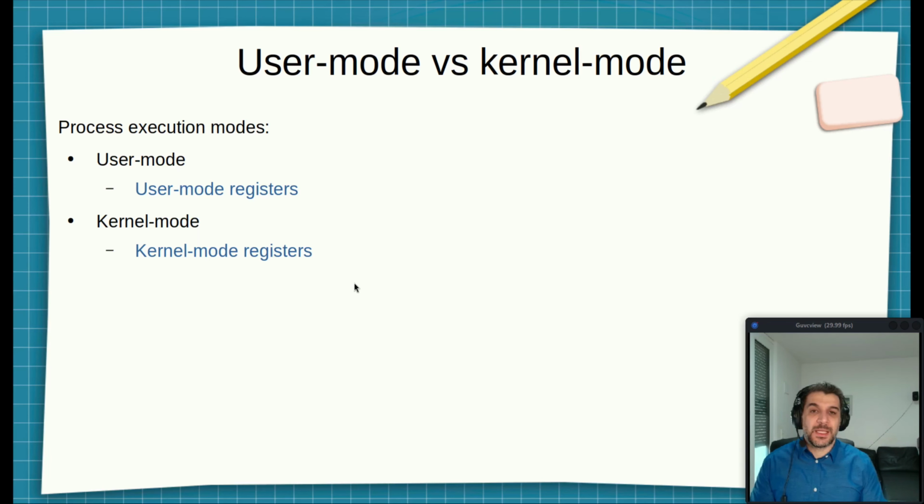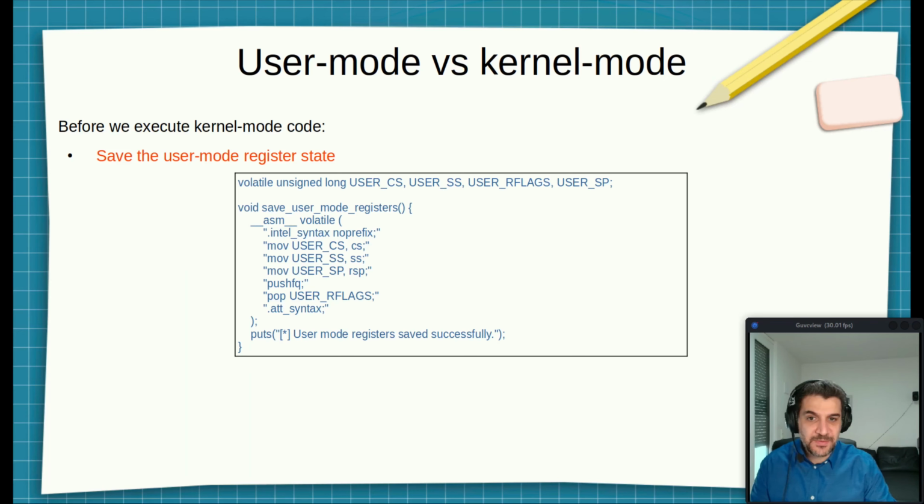So before we execute in kernel mode, we need to save the user mode state registers. What are those registers? The CS, or code segment, then the SS, or stack segment, then the stack pointer, then the flags register.